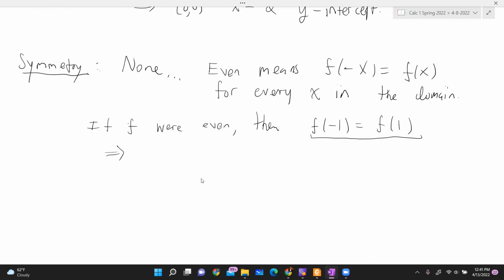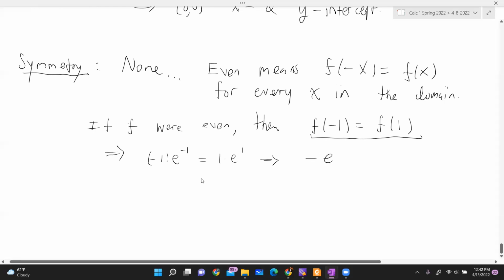But this is the same thing as negative 1 times e to the negative 1, which is equal to 1 times e to the 1. And that simplifies to negative e to the negative 1 is equal to e.